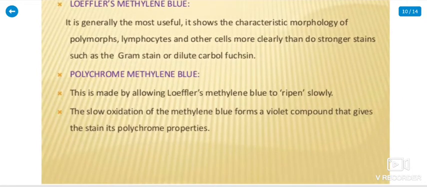The next stain is called polychrome methylene blue. This is made by allowing methylene blue to ripen slowly. The slow oxidation of the methylene blue forms a violet compound that gives the stain its polychrome properties.